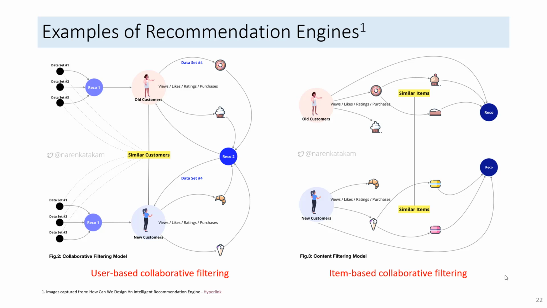Over on the right-hand side, what you see is the item-based approach, not the user-based approach. Basically, if you purchased similar items before, you make recommendations based on the item-based review, compared to what the other customer wanted.